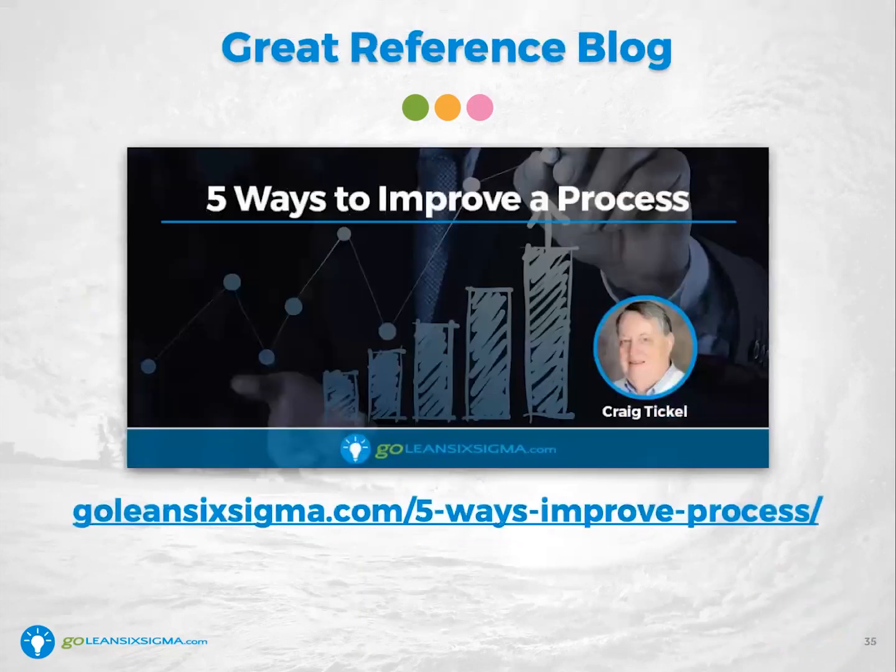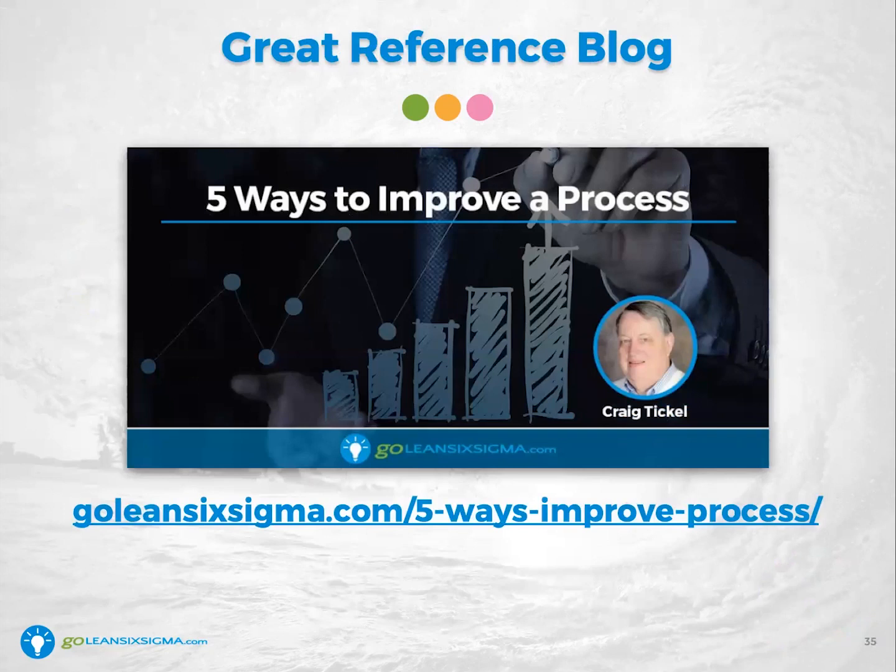One thing that might be helpful to you is this great reference blog written by a colleague of Tracy's and mine, Master Black Belt Craig Tickle. It says there are basically 5 ways to improve a process. It's a really nice blog that just lays out, here's what you can do, here's how you can make things better.